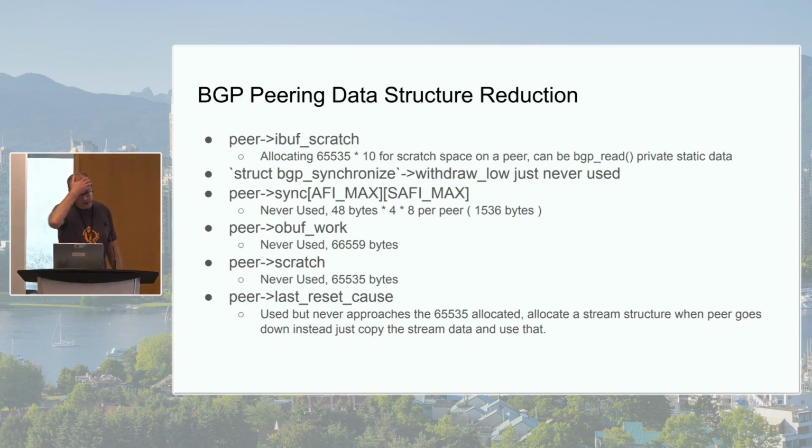All right, so recently there was a BGP RFC that increased the maximum packet size of data that could be sent. And when I say packet, I mean more a section of data from a BGP perspective, from 4K to 65K.